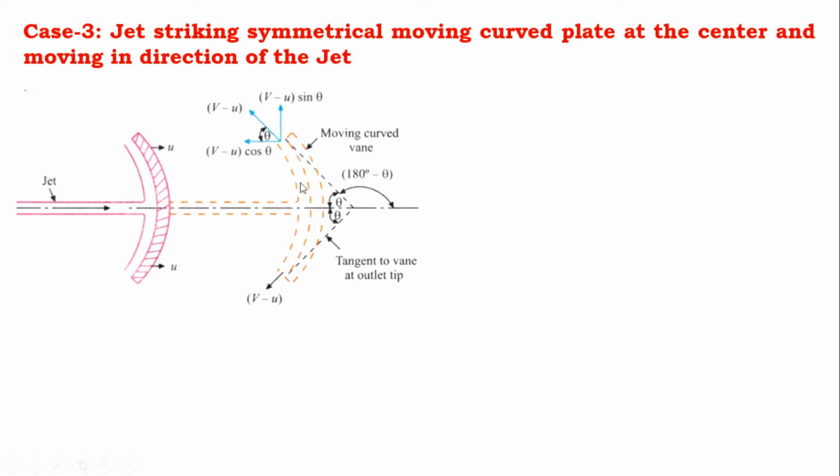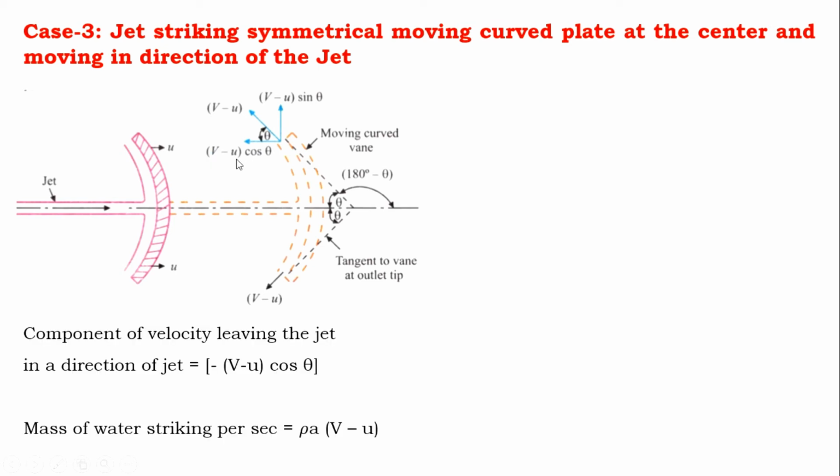The component of velocity in the direction of jet is minus (V minus U) cos theta. Negative sign is taken at the outlet because the component is in the opposite direction of the jet. The component of velocity in a direction perpendicular to the direction of jet is (V minus U) sin theta. Mass of water striking per second is equal to rho A (V minus U).